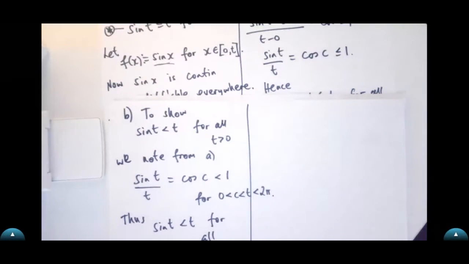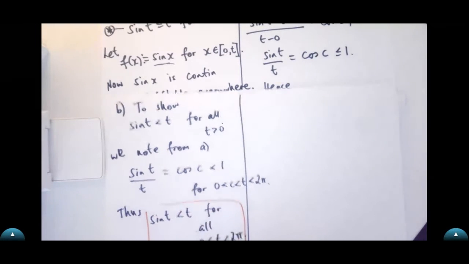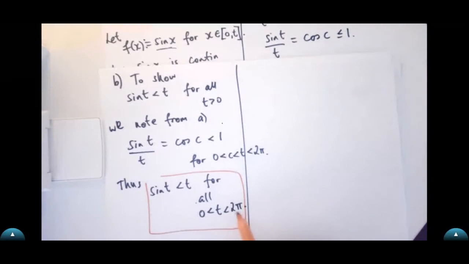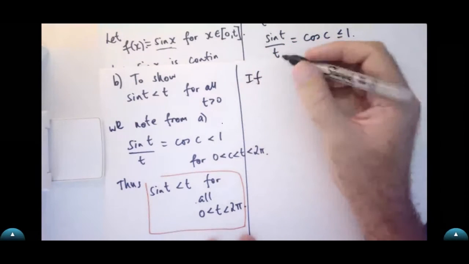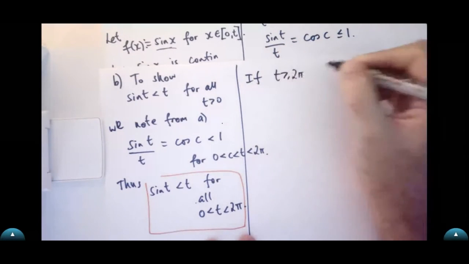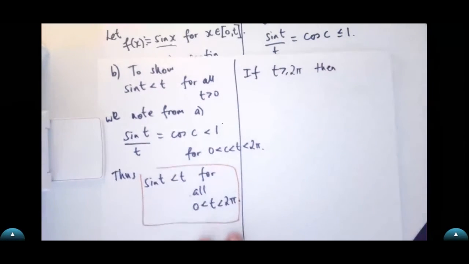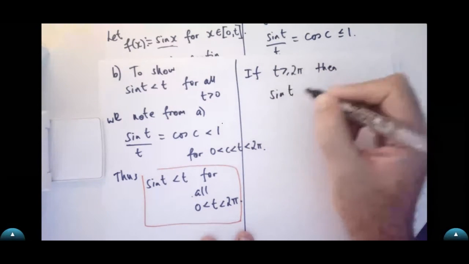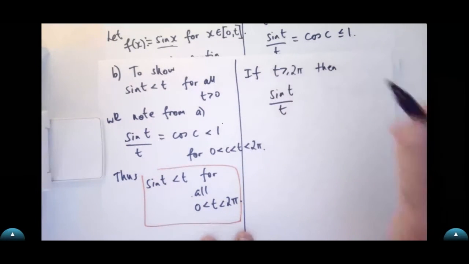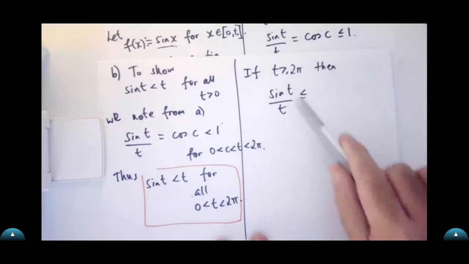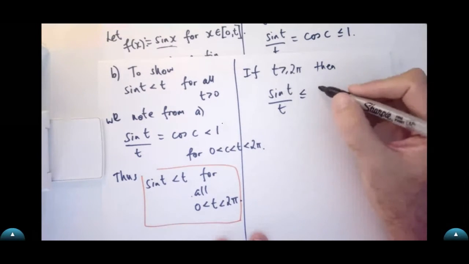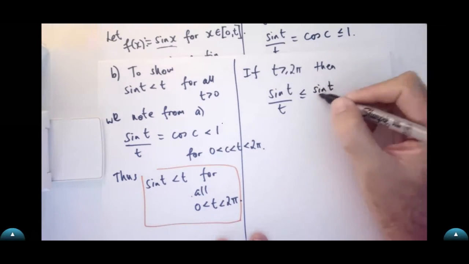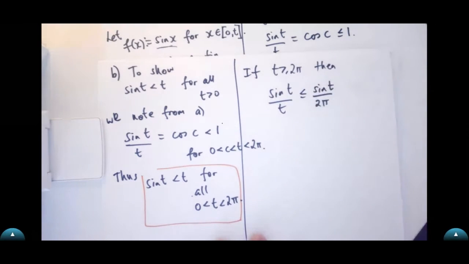So we haven't quite finished the question though. That's our first conclusion. But what about if t is greater than or equal to 2 pi? Well, that's super easy. Then we get the following. Let's think about this. Sine t on t is going to be less than or equal to, since t is bigger than that, we get that, right?